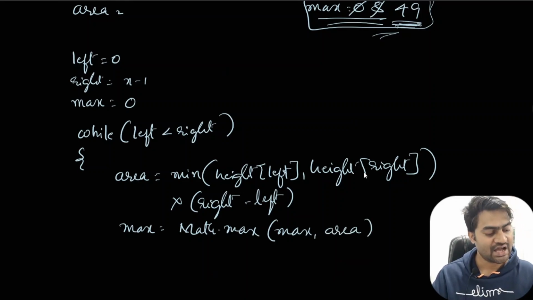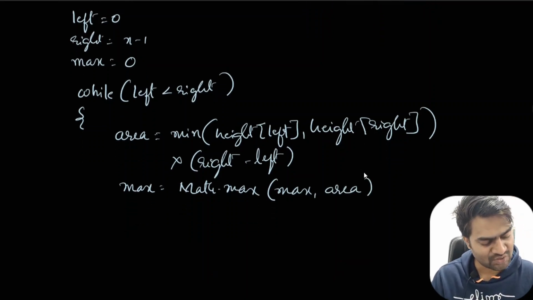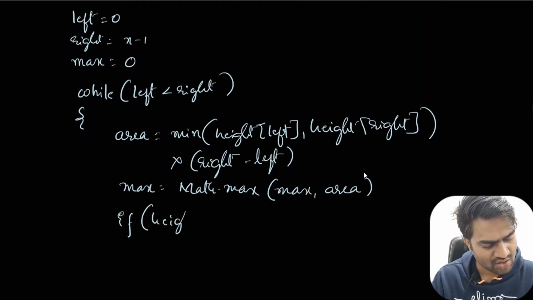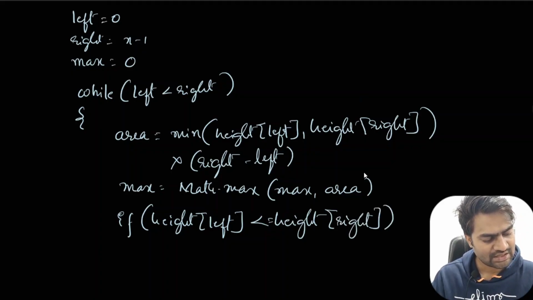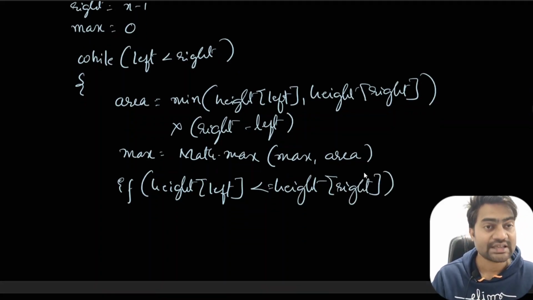This is same. After that we need to eliminate the lower value. So I will check if height of left is less than or equal to height of right, then I will simply eliminate my left value.